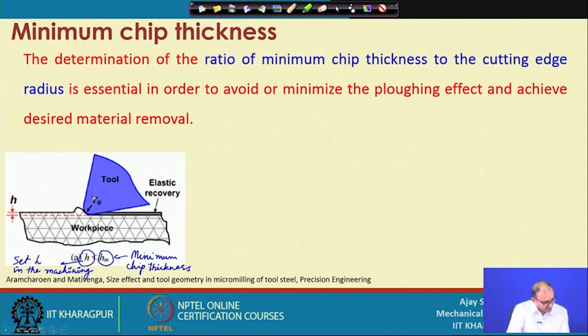What is happening right now is that we are keeping RE constant, that is, the cutting edge radius is constant.